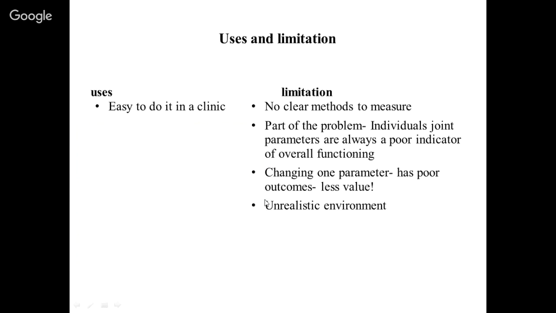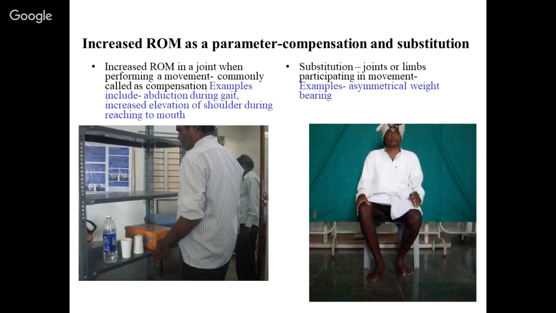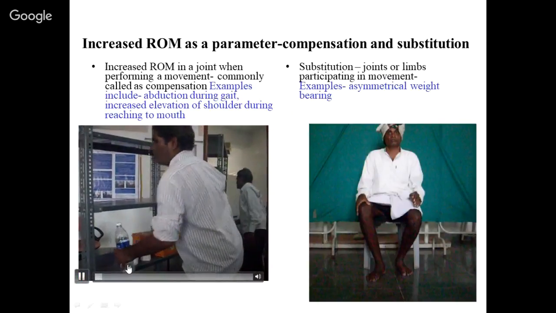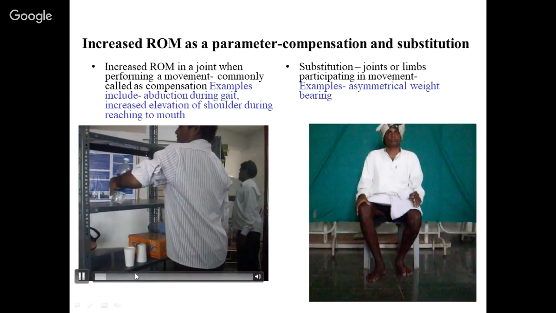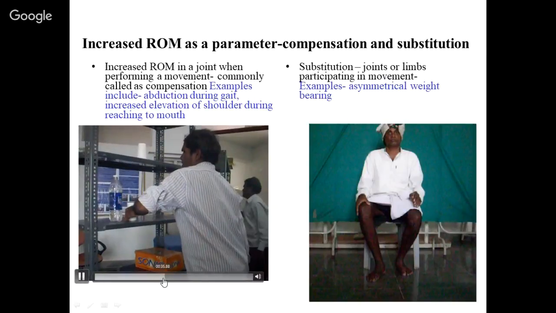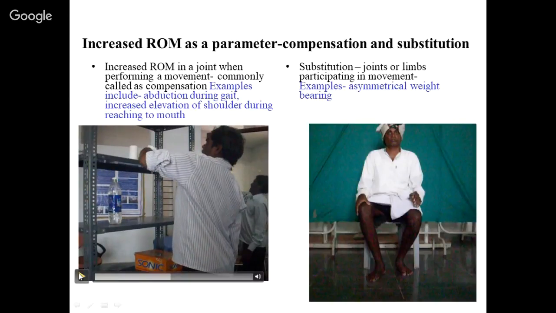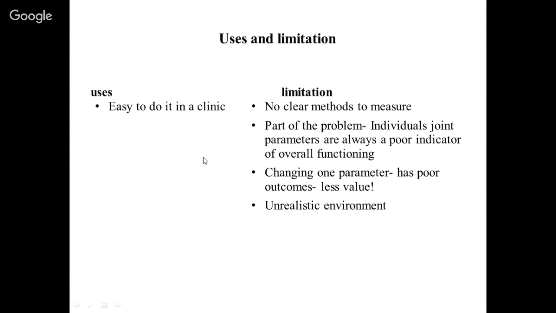And also remember, in this picture, if you are just measuring this height, you will probably say it is not that abnormal. But when you are doing it for this height, you will see that this seems to be more abnormal, or this is where you will say that there is a compensation. So if you are doing that for n number of environmental variables, it's always very difficult to do in a clinical setting.